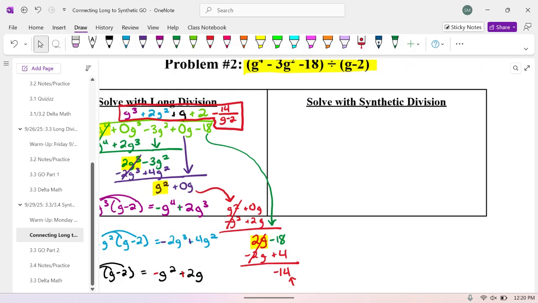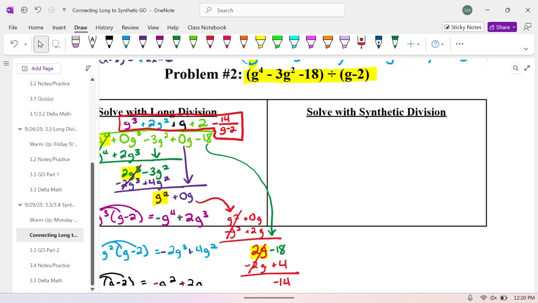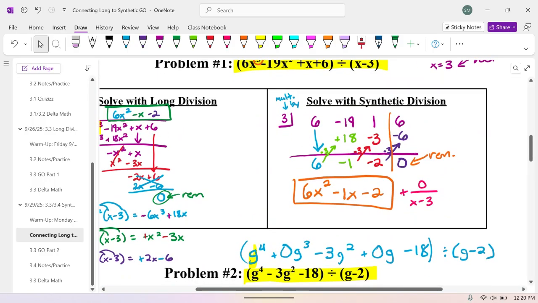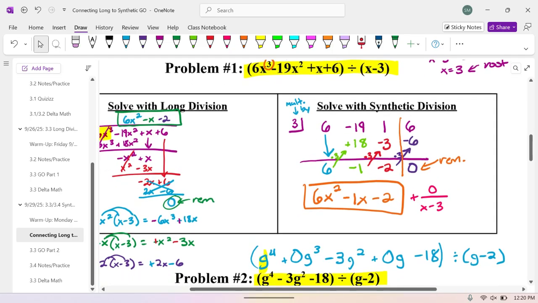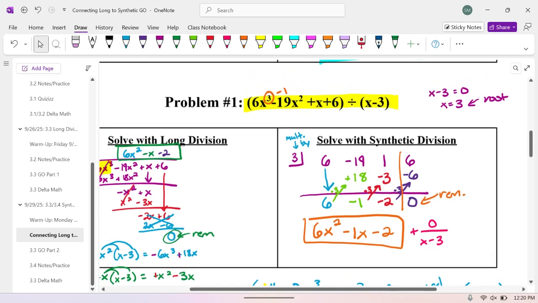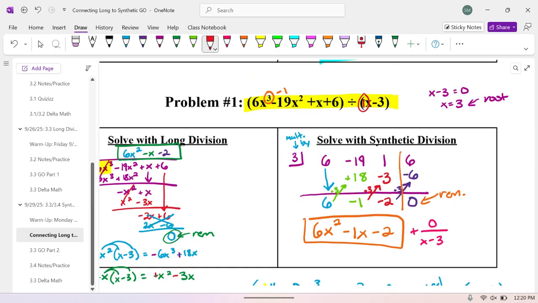It depends. So that actually brings up a good point. With synthetic division, real quick, synthetic division really is only user friendly when the A value of your divisor, in other words the coefficient in front of the first term of your divisor, is 1. So like this value right here is technically a 1.